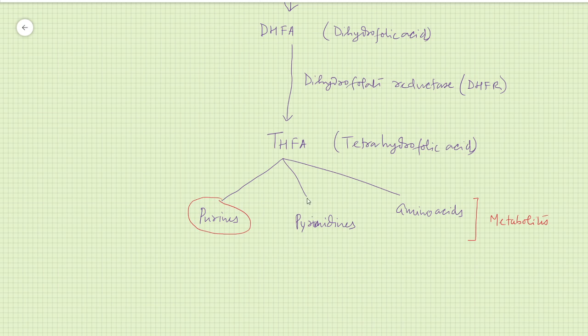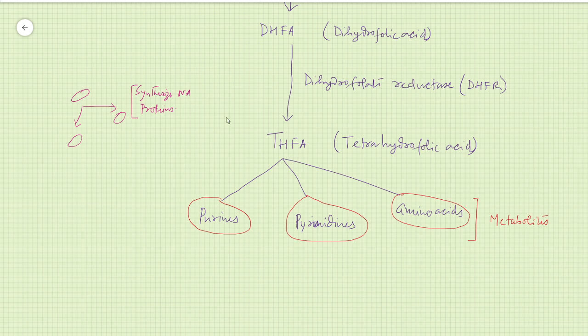Now purines and pyrimidines, we all know, are the building blocks of nucleic acids, and amino acids are the building blocks of proteins. So if a bacteria needs to divide into two, it needs to synthesize nucleic acids and proteins.